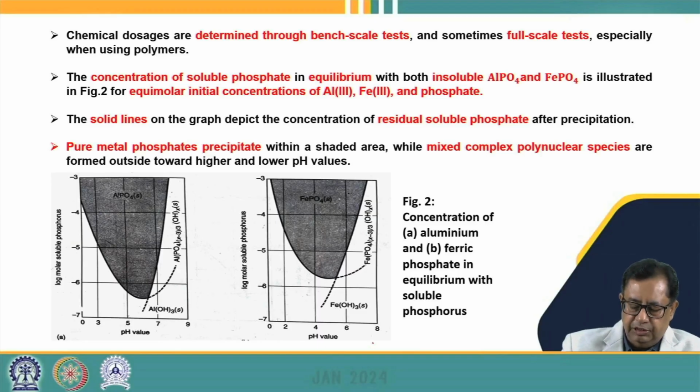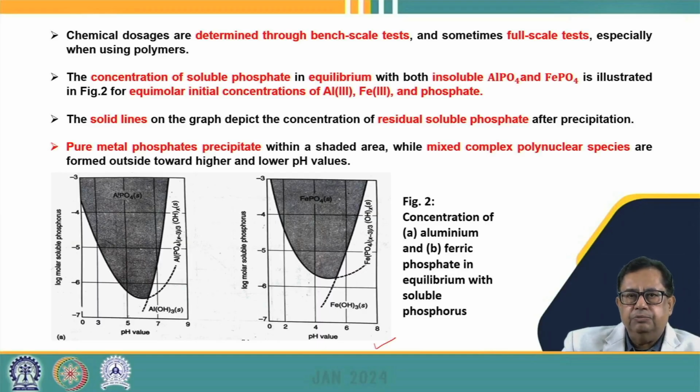Now the concentration of the soluble phosphate in equilibrium with the insoluble aluminum phosphate and ferric phosphate is represented in figure 2, and this shows the pH values versus the log molar soluble phosphorus concentrations on the y-axis. So we can see that the solubility of the phosphates decreases slowly, and at a certain pH value it is the lowest, right? And then again the solubility may increase.